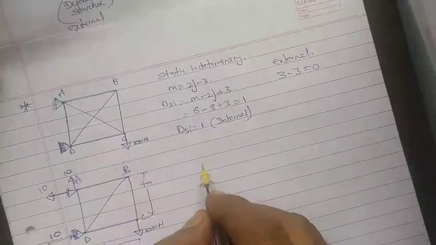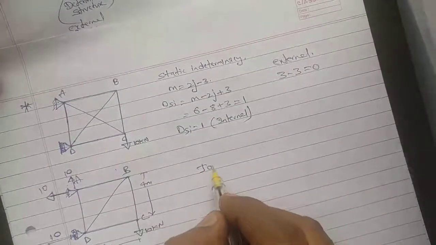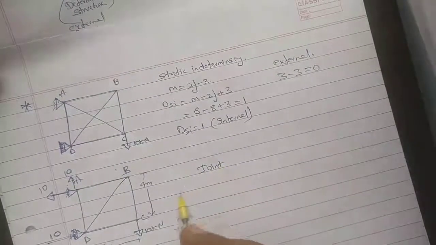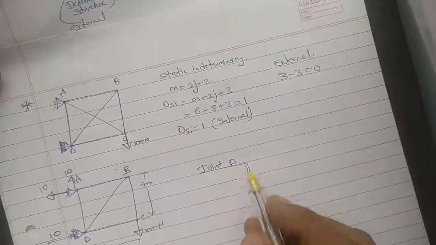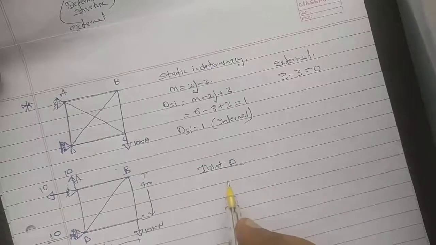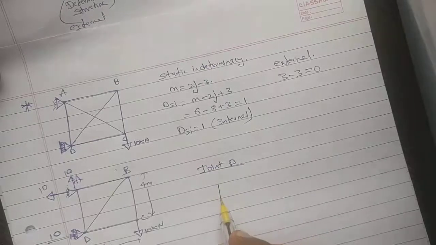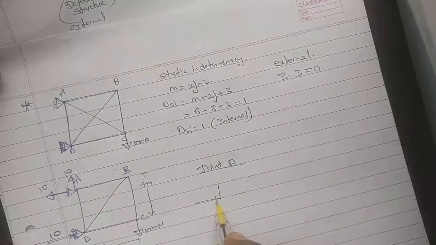So we'll go for the next joint, joint D. This is 10.